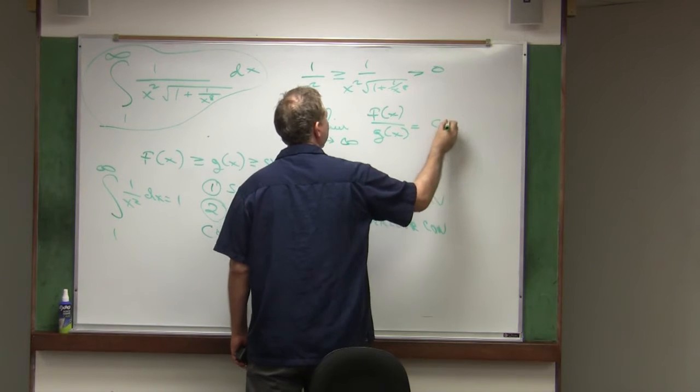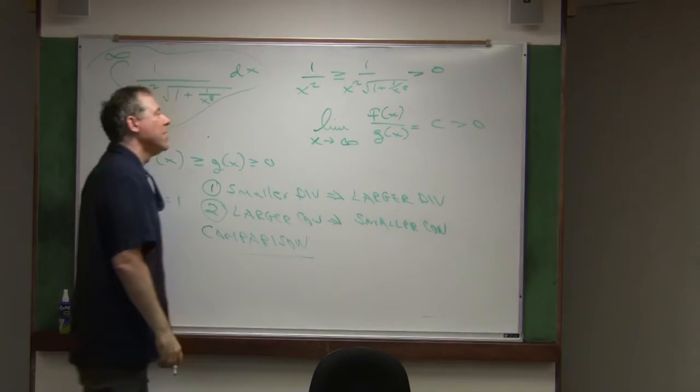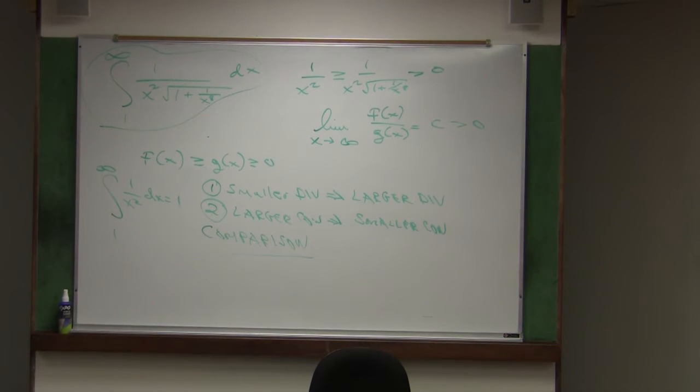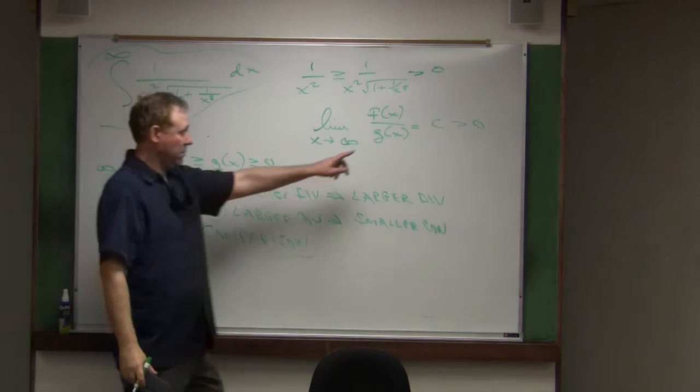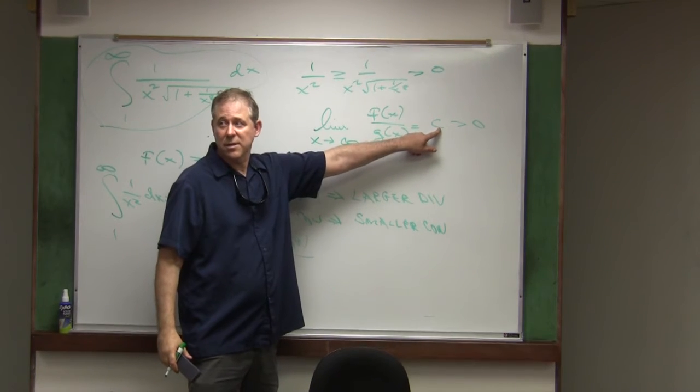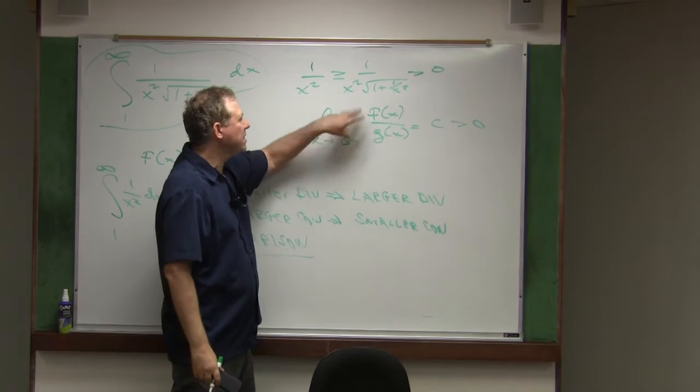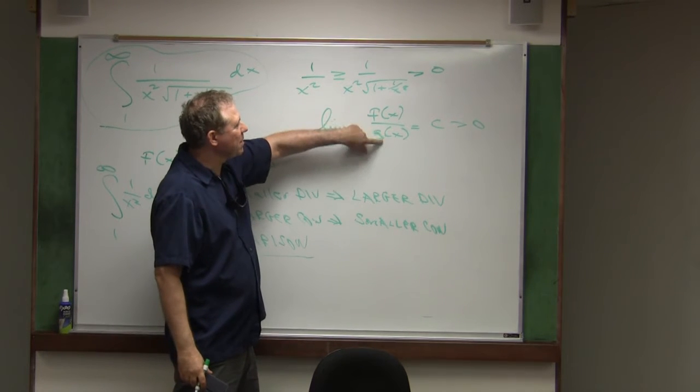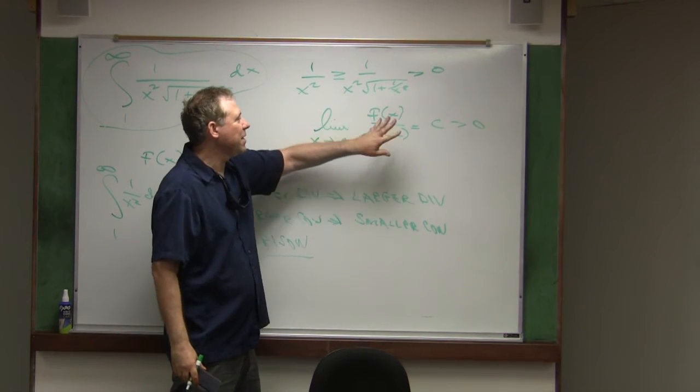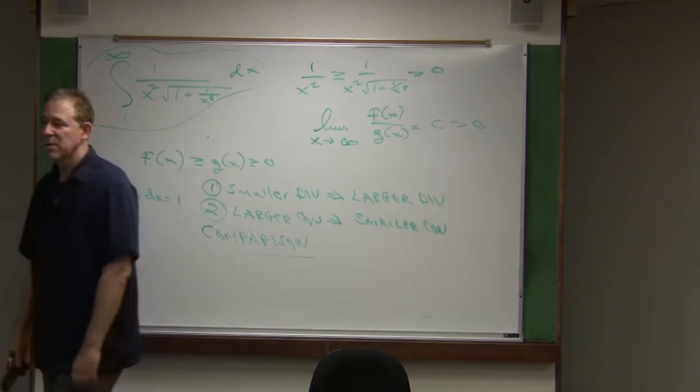And let's say they're roughly some positive constant. So in the limit, they're a positive constant, which means that roughly when x is getting big, f is about c times larger than g.